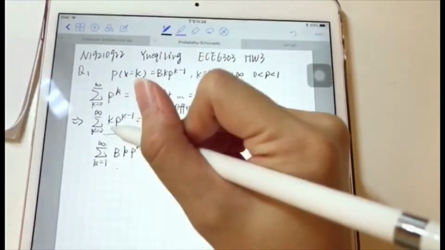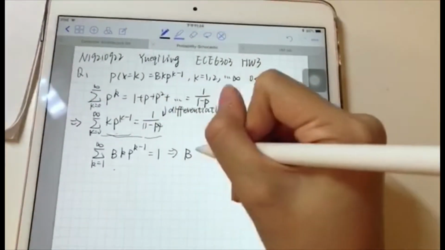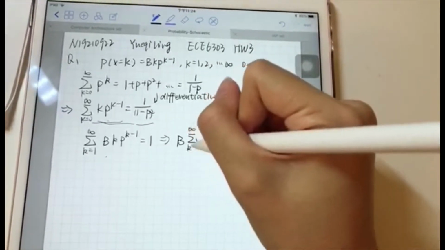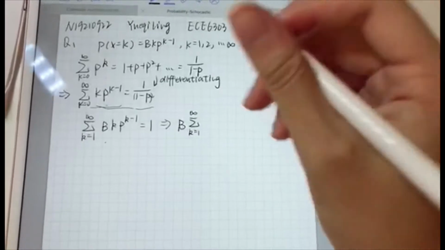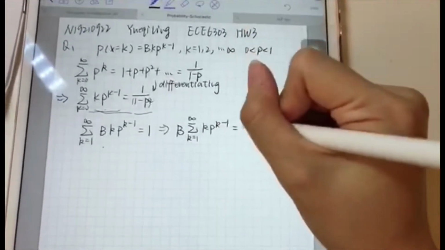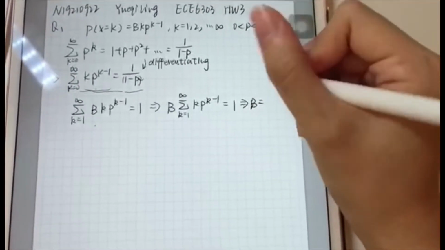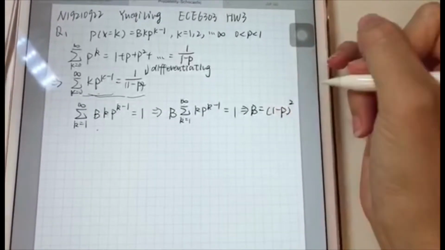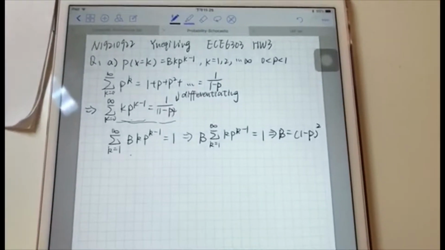Because we already got the value of this, we multiply, and it equals 1, so b equals 1 minus p squared. This is the solution of question A.